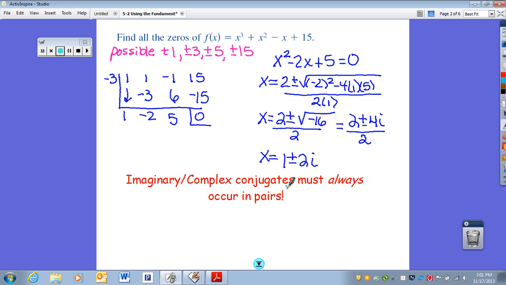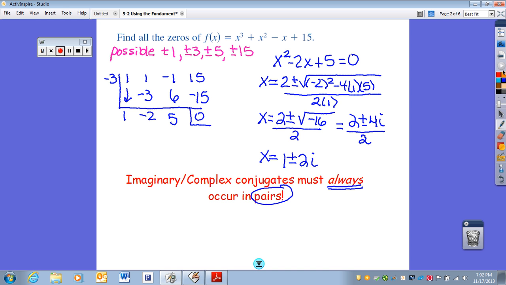So one thing that we want to stress is that imaginary or complex conjugates always occur in pairs. So you notice you have 1 plus 2i and 1 minus 2i. That's always going to be true when we are finding zeros or roots of our functions.